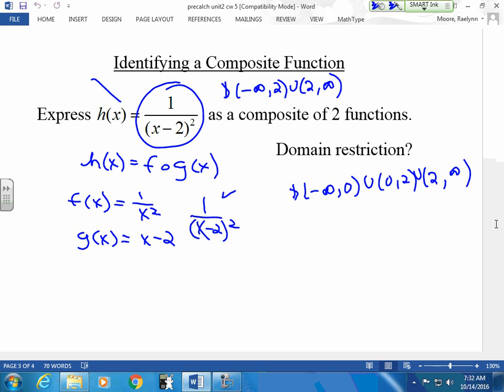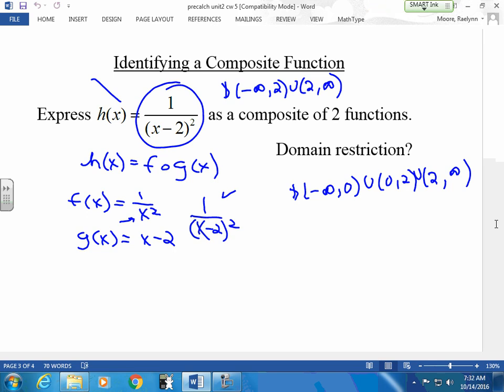Wait, why'd you take a 0 out? Because once we separated it, this one can't have a 0. But we didn't know that before we separated it. We could only look at what we ended up with as a composite. We didn't know before we looked at it.